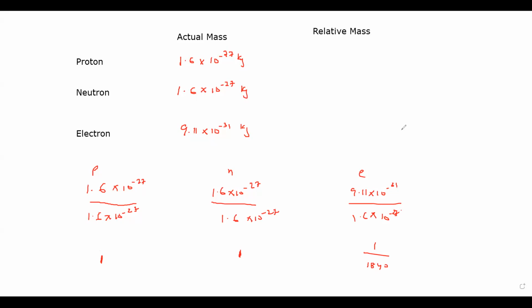How do you relate the mass? I will give an example. Say student A has a mass of 60 kilogram and student B has a mass of 120 kilogram. These are the actual masses.